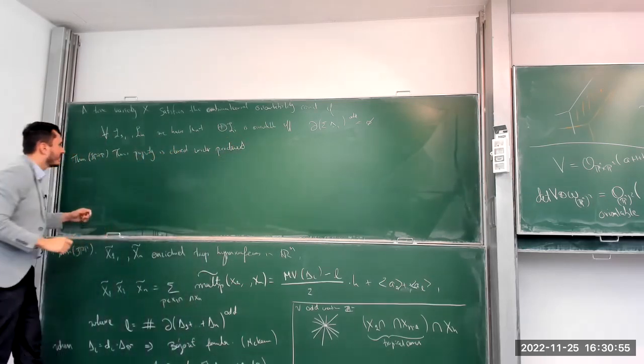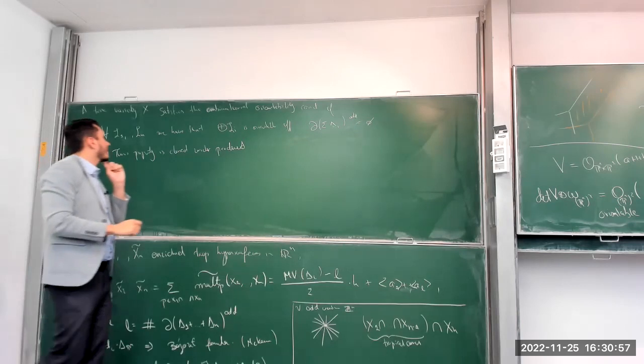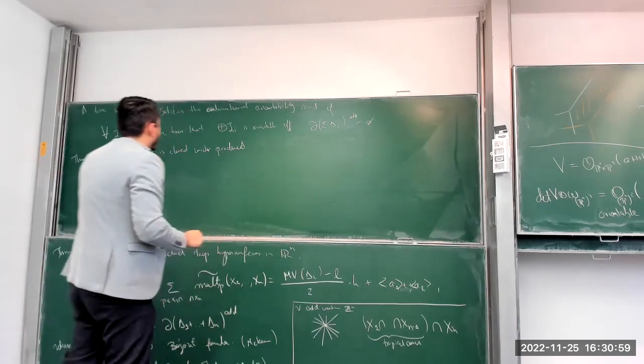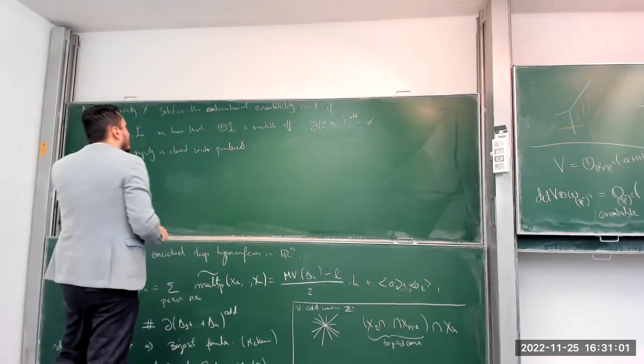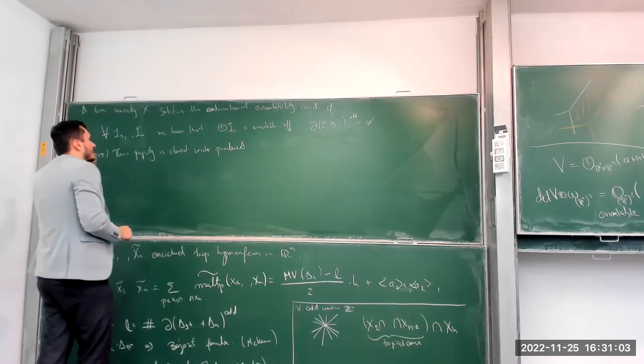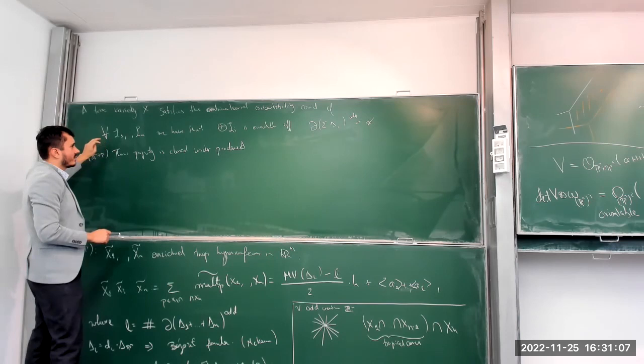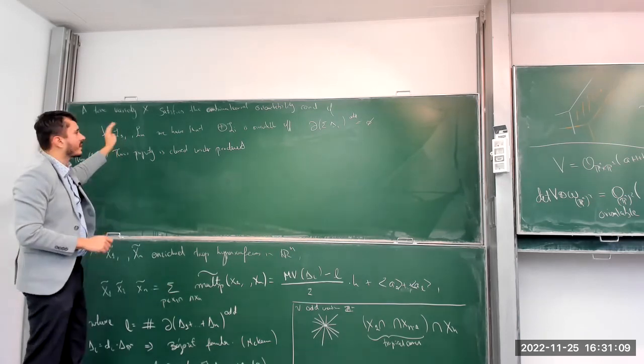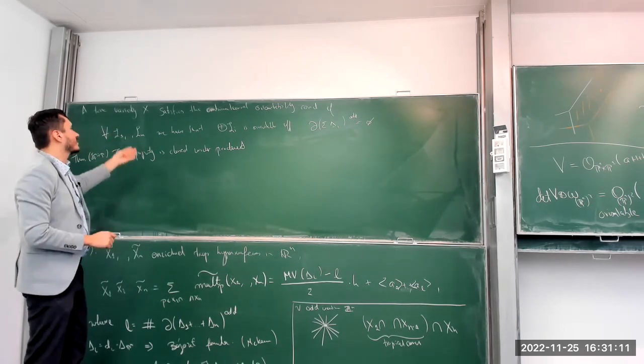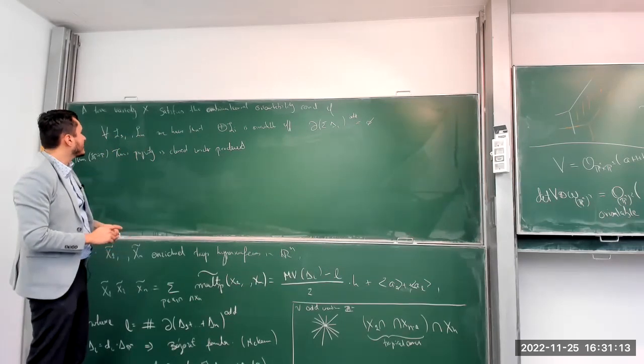Meaning that if I have X and Y toric varieties that satisfy this combinatorial orientability condition, then the product does too, and this is just because the line bundles on a product can be decomposed as tensor products of line bundles over the base.